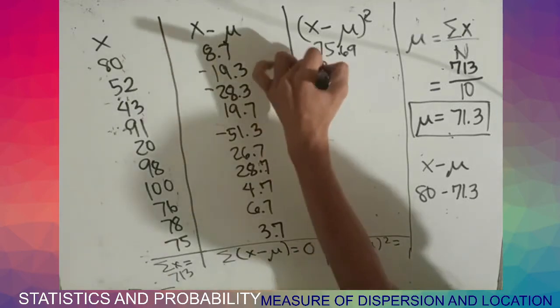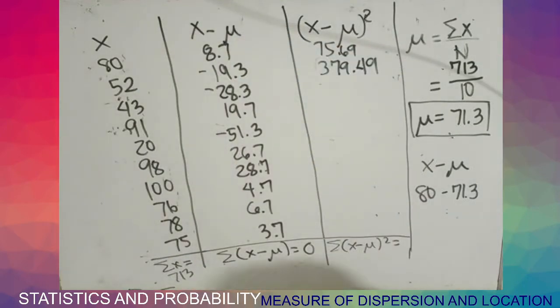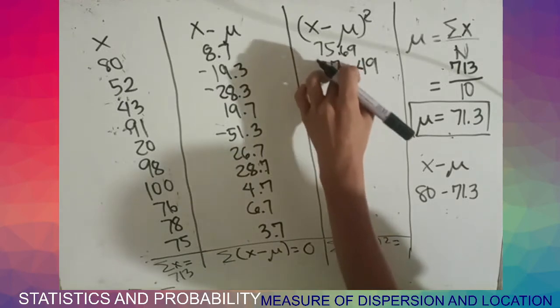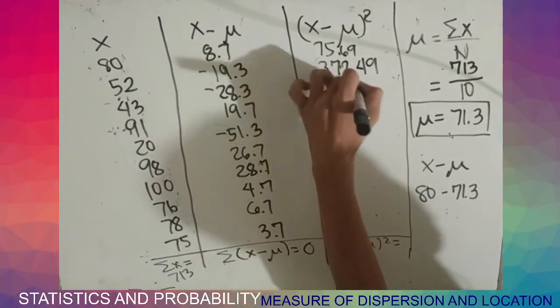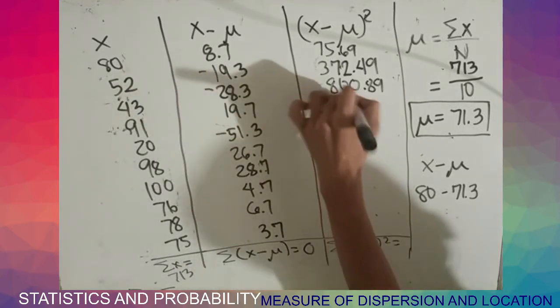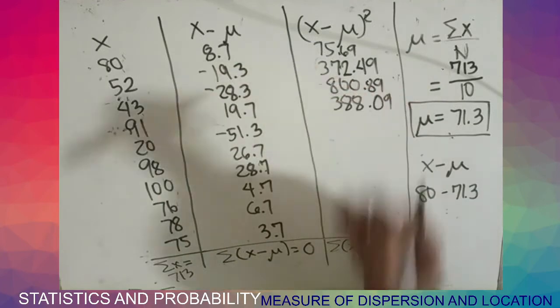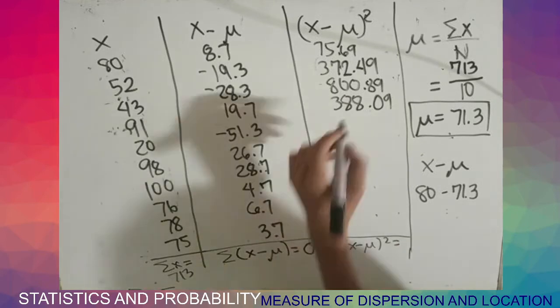Okay? 372.49. Okay, next. 800.89. 19.7 squared, 388.09. Next, 51.3. Okay, sunod.